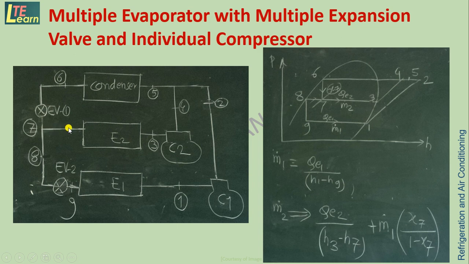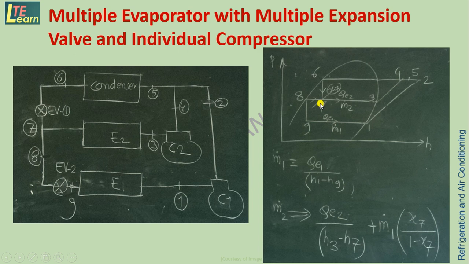Some part of mass flow rate is diverted through E2. So how can it be obtained? That can be obtained by using formula: its capacity QE2 divided by the enthalpy difference in the evaporator, H3 minus H7, plus mass flow rate M1 dot into, so this is a quantity of mass flow rate available in liquid form.